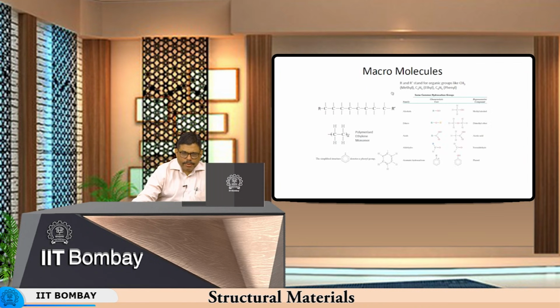Macromolecules are the ones which we normally use for our engineering practice, and these are macroscopic molecules. Unlike chemical molecules, like one molecule of methane which is not visible, it is a micromolecule.